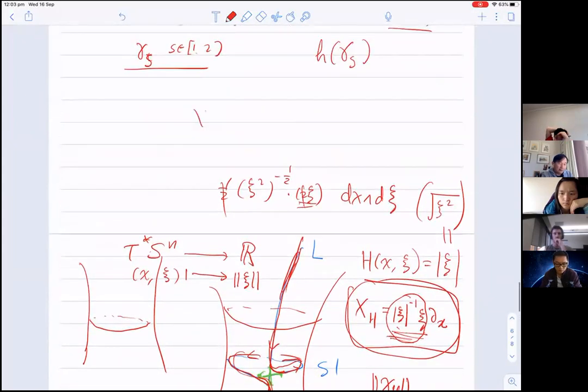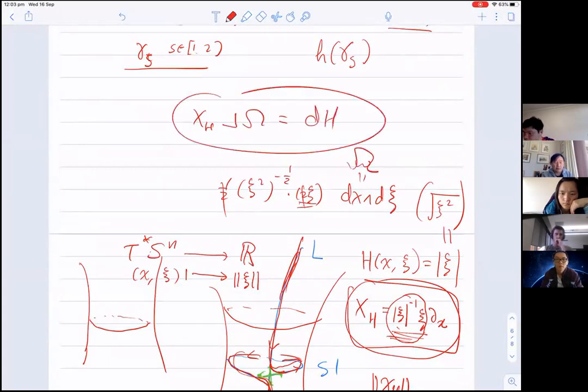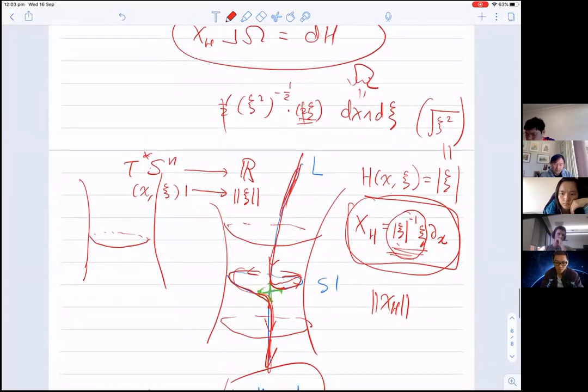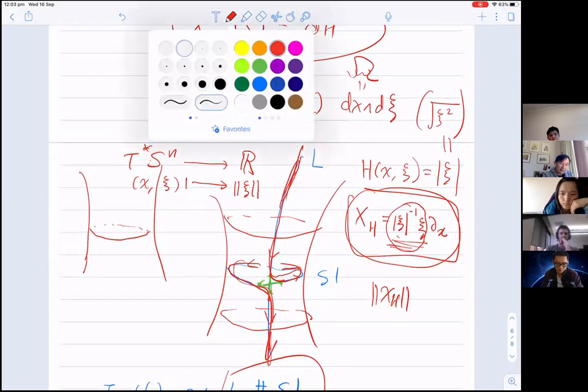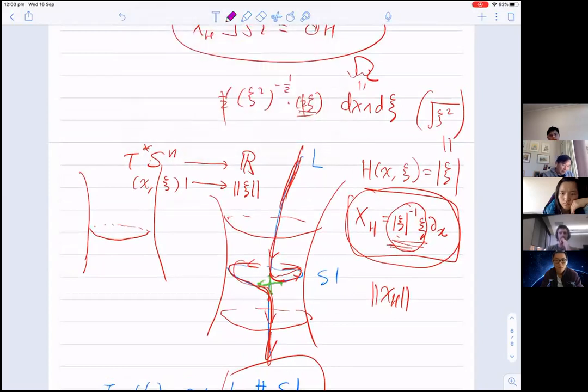So you have the Hamiltonian vector field contracted with the symplectic form, and then dH, either dH or minus dH. But it depends on the sign of c. If I do the orientation like this, it's positive and negative here, and then the unit vector is horizontal.